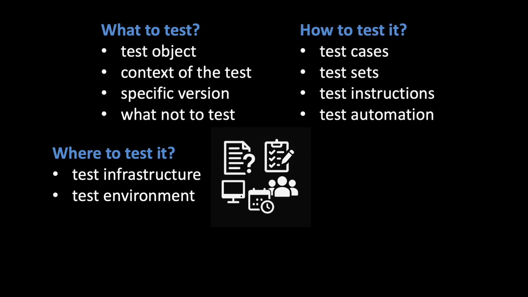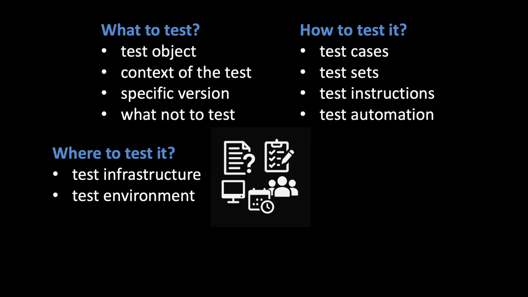Then how to test, that's all about the test specification, starting with test cases. So depending on what and where to test, you select specific test cases to fulfill the test purpose. Those test cases can also come in a bunch of test cases called test sets.